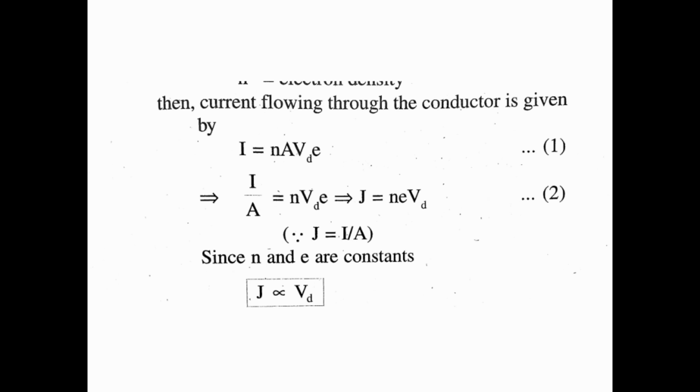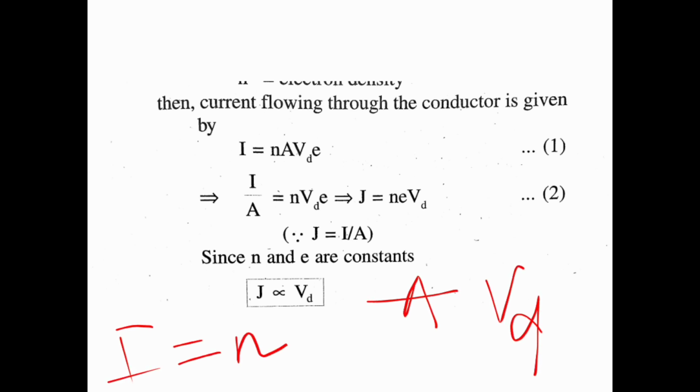then the current flowing through the conductor is given by, we know if n number of electrons are flowing through a conductor having cross sectional area A with drift velocity Vd, then current I is equal to nAeVd.